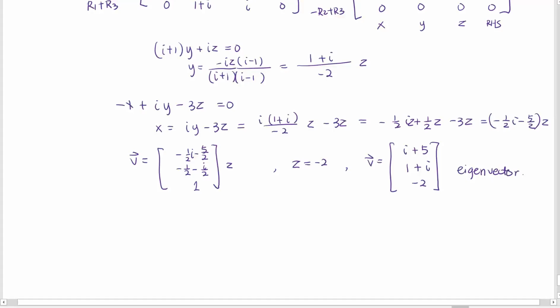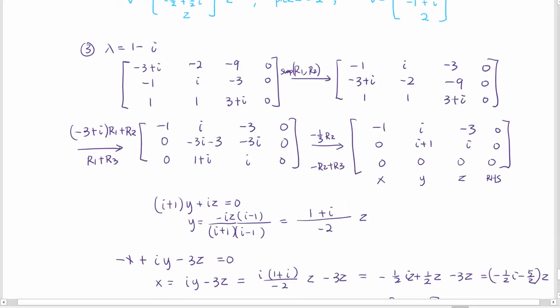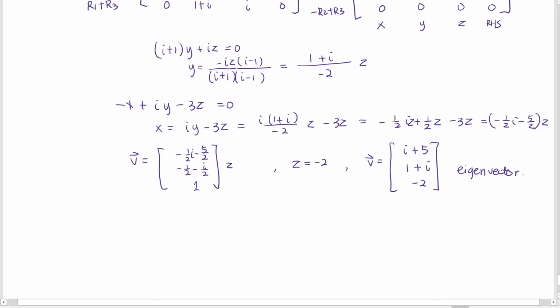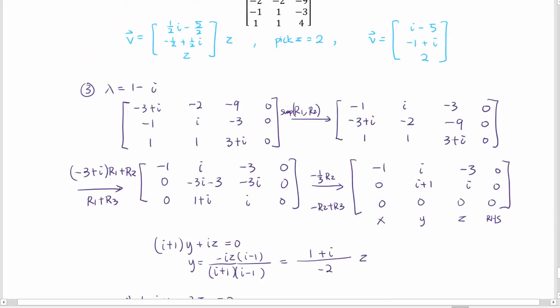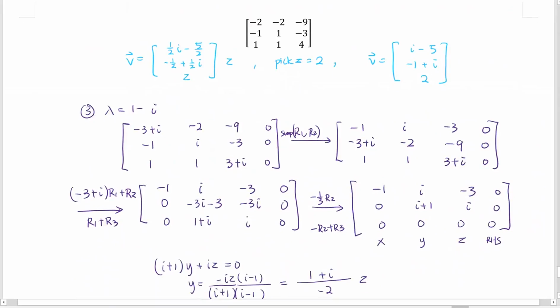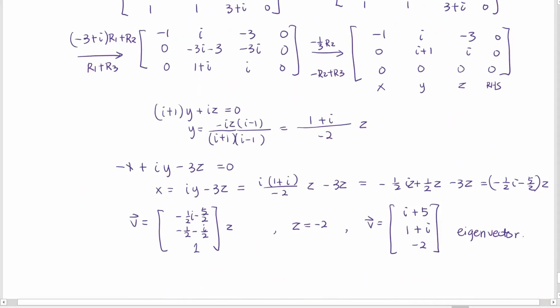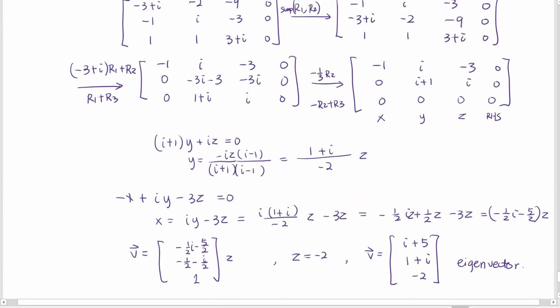Okay, so this is the eigenvector. Let's check. Is this guy the complex conjugate of the other eigenvector? Keep in mind, i plus 5, 1 plus i, minus 2. Oh, so here I have 2 and i minus 5, minus 1 plus i. That is because we picked z to be different things. If we pick z to be 2, then we will have 2 at the bottom, and all the others are negative.